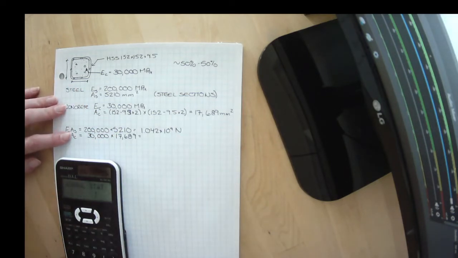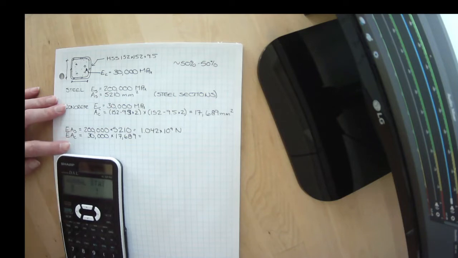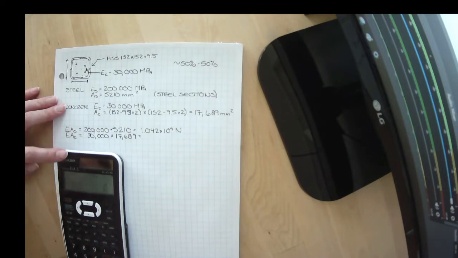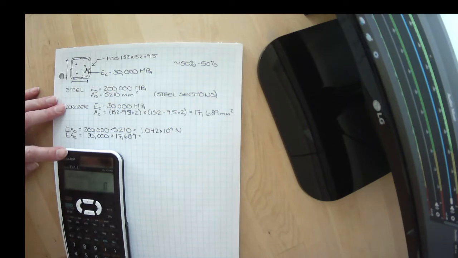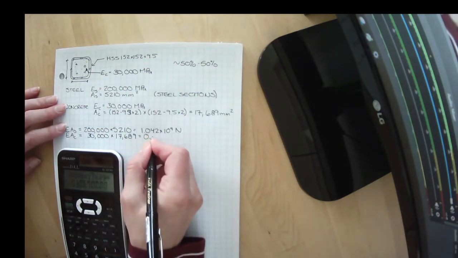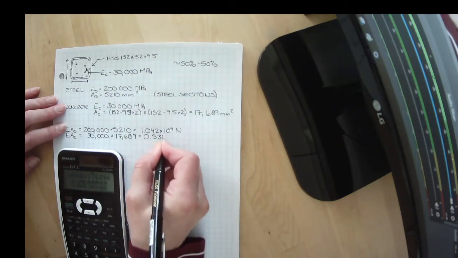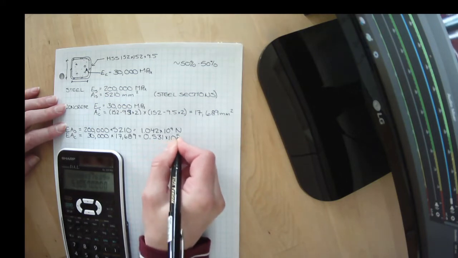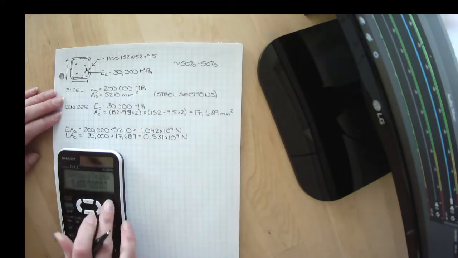And we have our 30,000 times 17,689, or 0.531 times 10 to the 9 newtons.